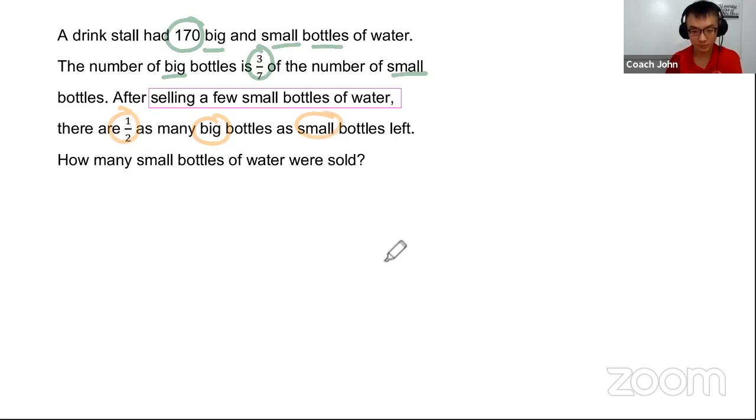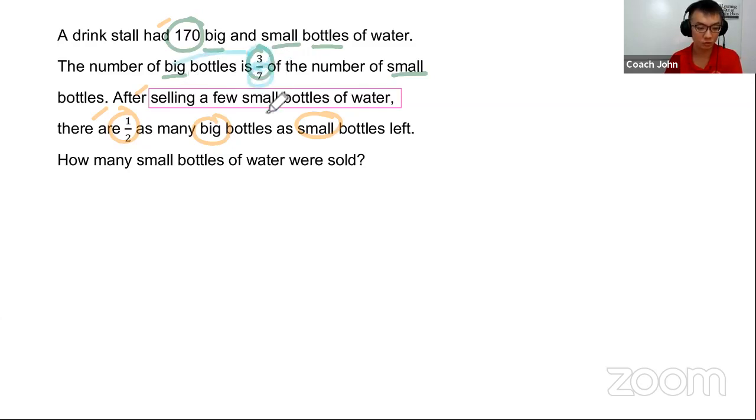Now you can see that there are three different groups of information here: before, change, after. So something that you can do when you find that the question is too overwhelming, you can break it down into before, change, after. And what about the fraction? 3 and 7.